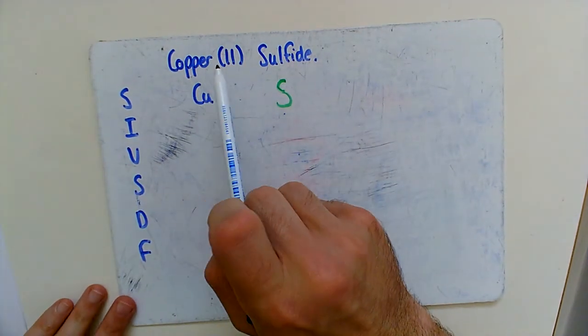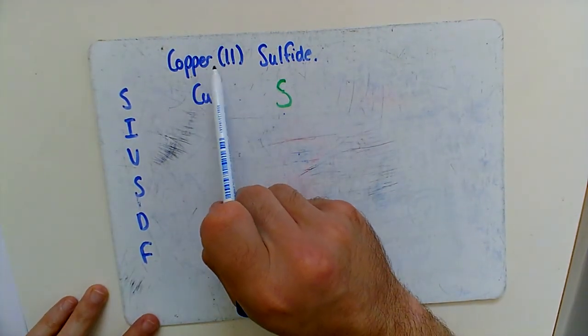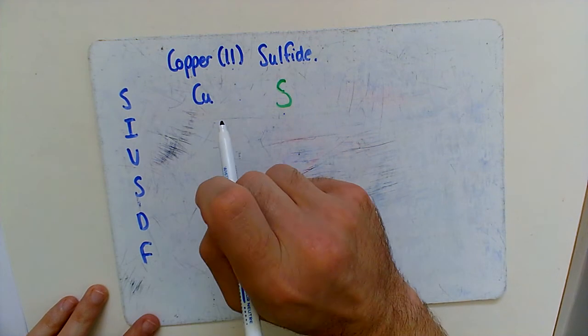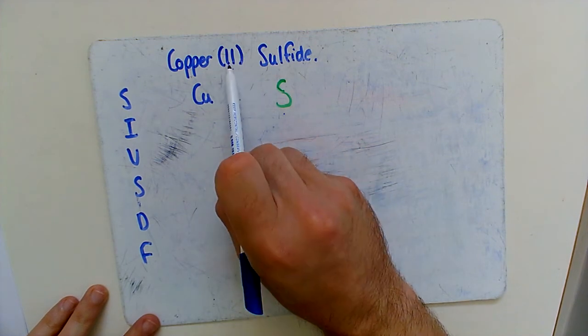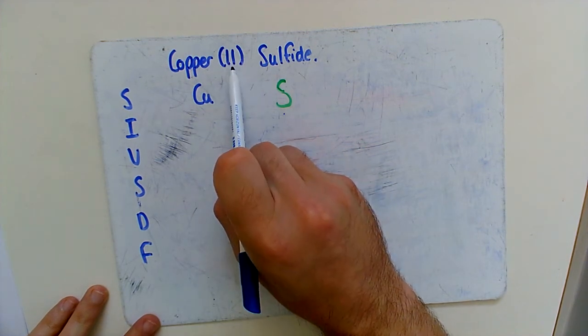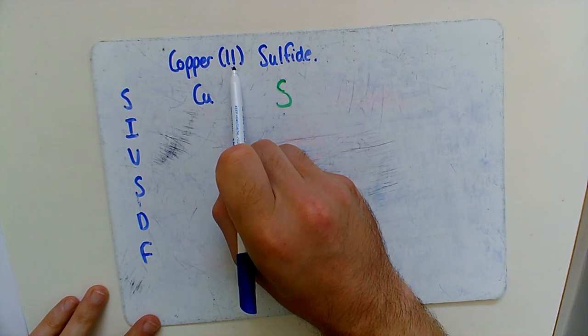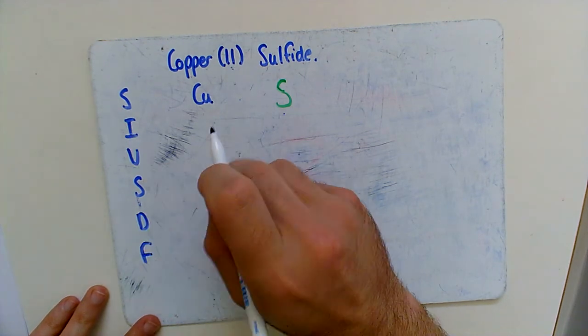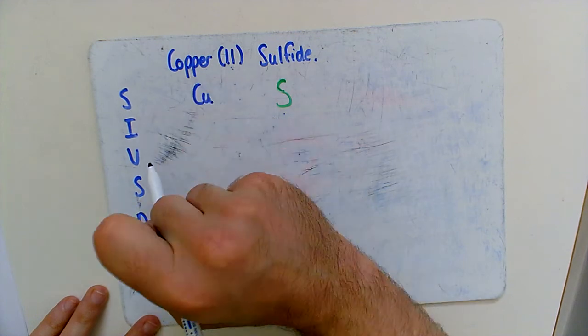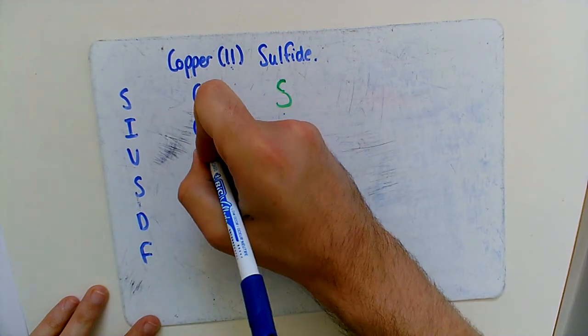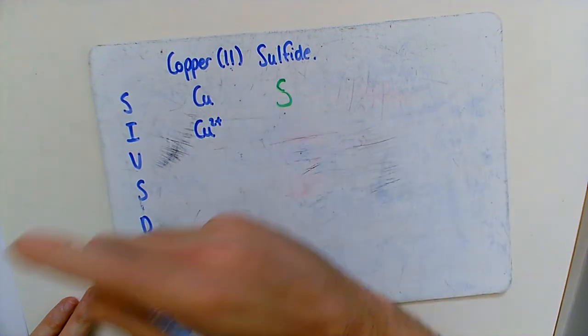Now when it comes to transition metals, they have these Roman numerals. Whatever number is in the Roman numerals is the valency, but it's also the charge. And because it's a metal, it's always positive. So we've got a 2 after copper, so the charge on the ion is Cu2+.